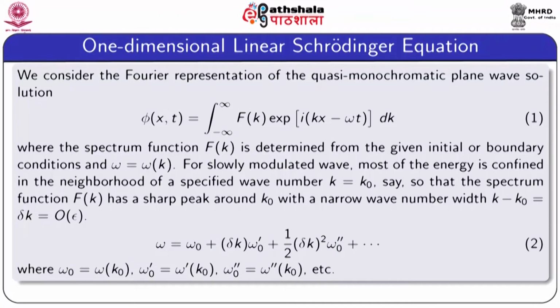To derive the one-dimensional linear Schrodinger's equation, we consider the Fourier representation of the quasi-monochromatic plane wave solution in the form phi equals integration of capital F, which is a function of wave number k, into e to the power i(kx minus omega t) dk, where the function F(k) is the spectrum and is determined from the initial and boundary conditions.